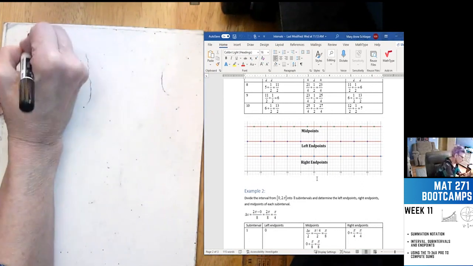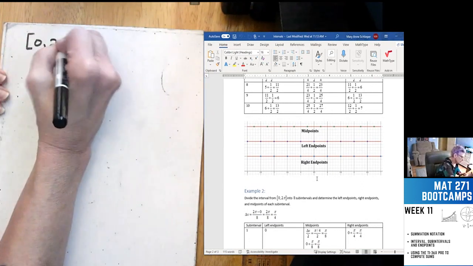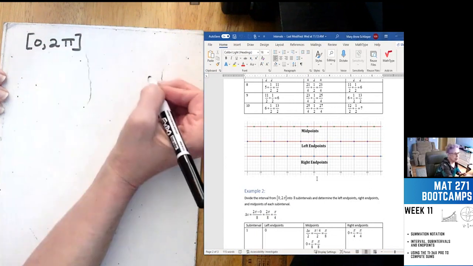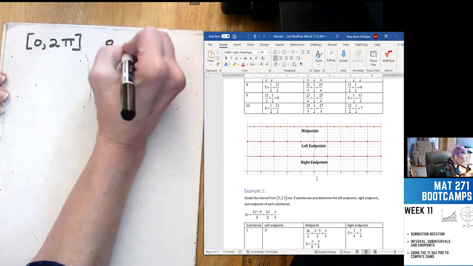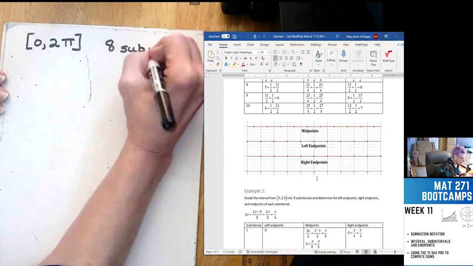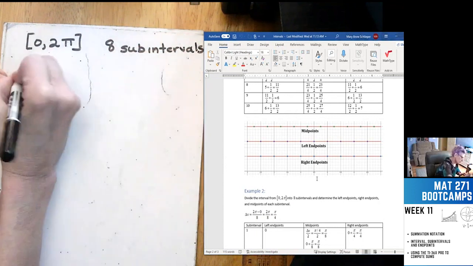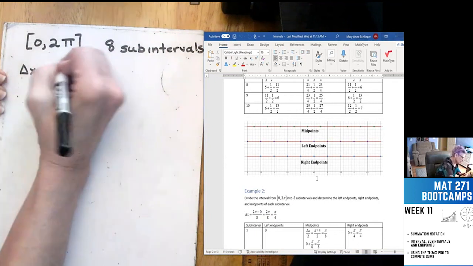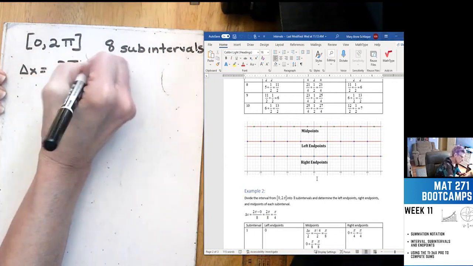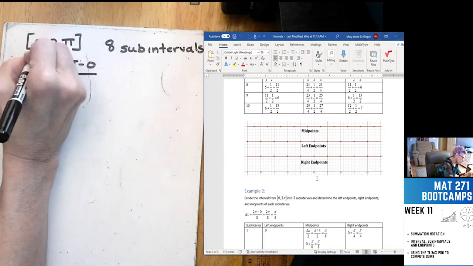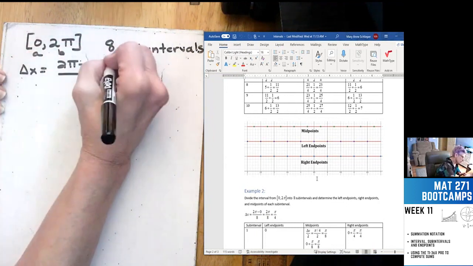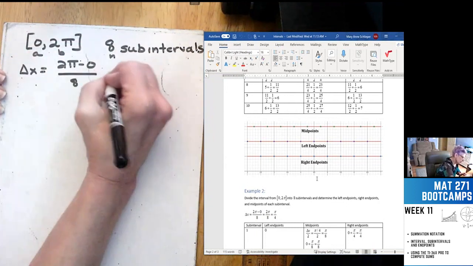So if we wanted to go from 0 to 2 pi with 8 subintervals, then our delta x would be equal to 2 pi minus 0, B minus A, divided by n.